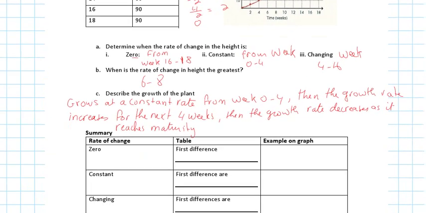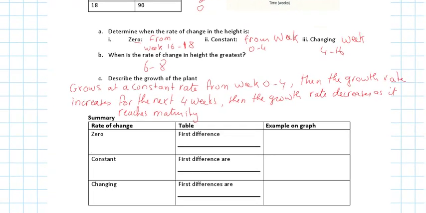That reminds me of kids, right? You see they're growing constantly, and then they reach a point where they sleep, and the next day they wake up, they're like a different kid, right? Yeah, same thing. Maturity after week 16, the plant stops.